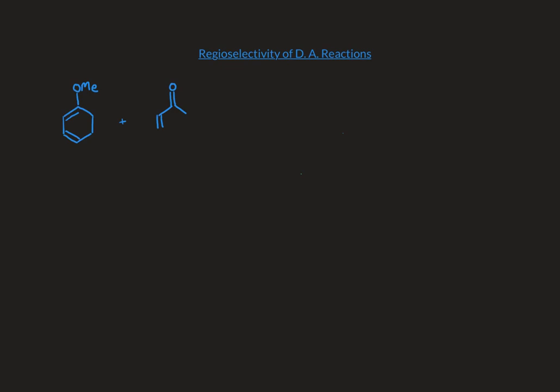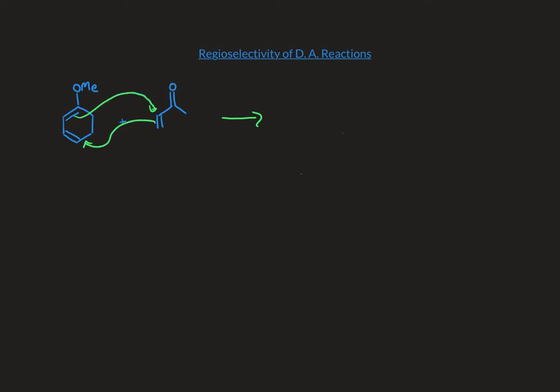So far, we've looked at mostly symmetric Diels Alder reactions, but what happens if you have an unsymmetric Diels Alder reaction, like the one shown here? In this one, the product could be drawn sort of as we see here.